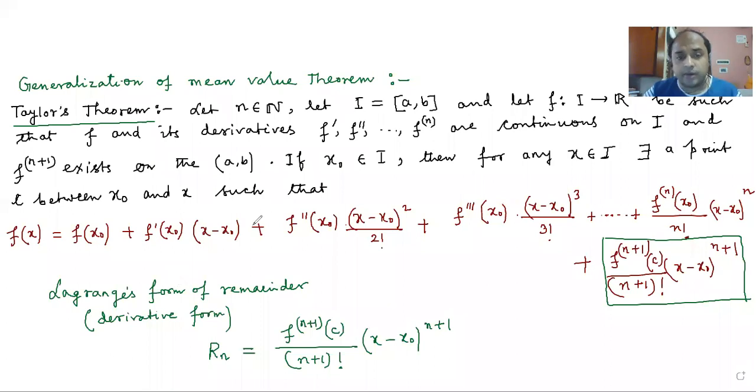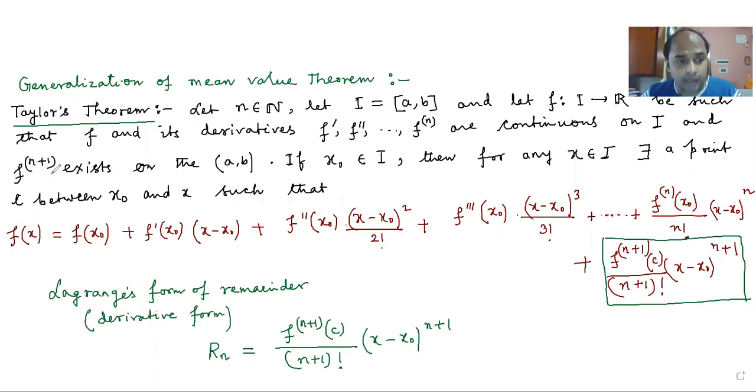So this is all about it. We have a function defined from the interval I to the set of real numbers, and the function is having some derivatives. The nth derivative of the function exists and they are continuous on I. Every differentiable function is continuous, you know.